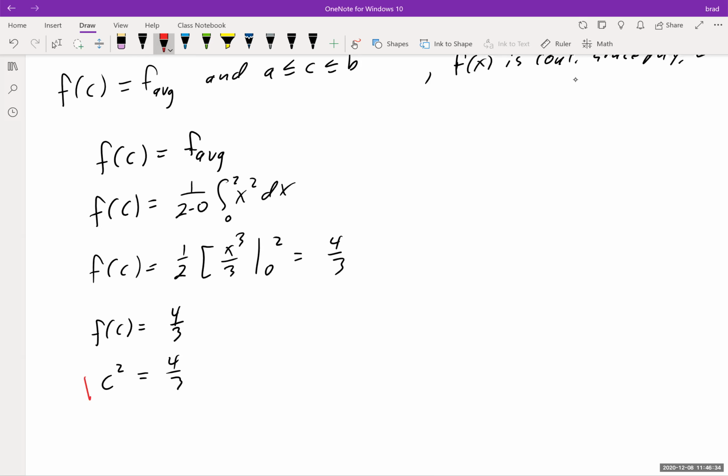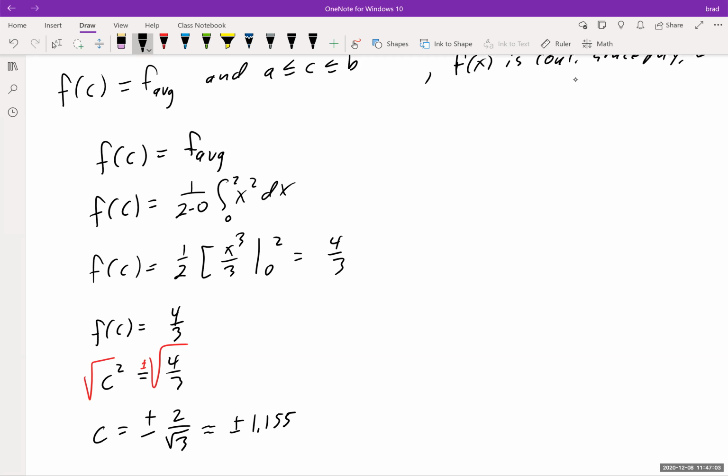Now we're going to square root both sides. So then we're going to end up with c is equal to plus or minus 2 over the square root of 3, okay? Or approximately, let me see if that's exact or approximate. So, well, I know it's approximate, actually, never mind. So this is approximately plus or minus 1.155.